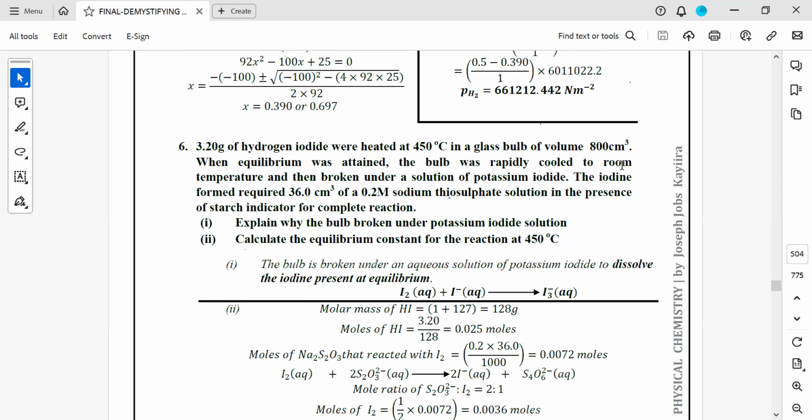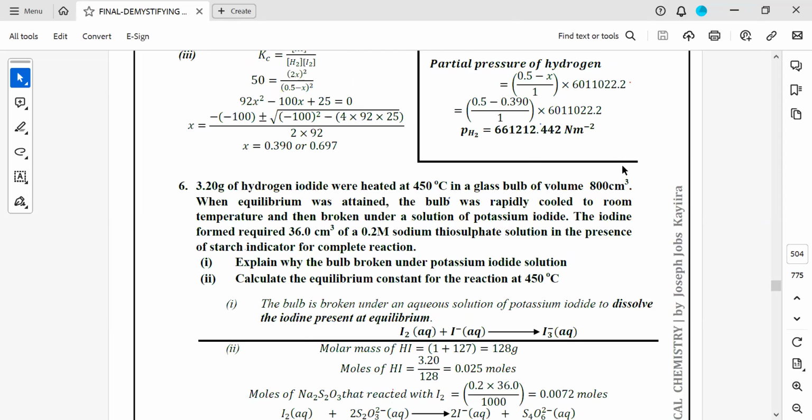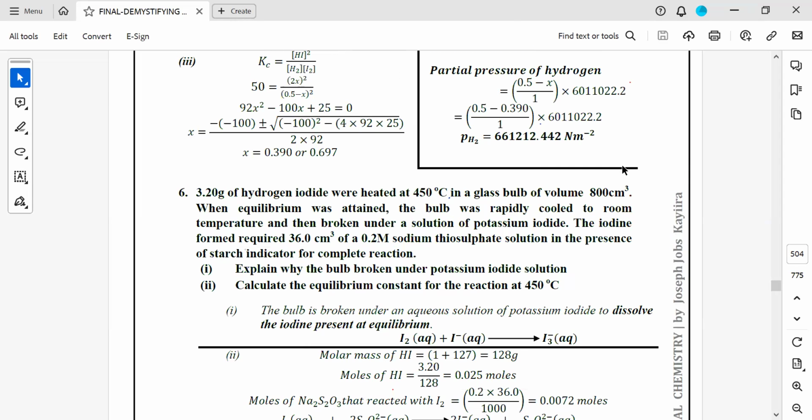Yes, Ambrose? It does. Okay, assuming the tube was broken in a potassium iodide solution, so as to stop the reaction and fix the equilibrium such that it does not adjust itself to the equilibrium value at temperature.